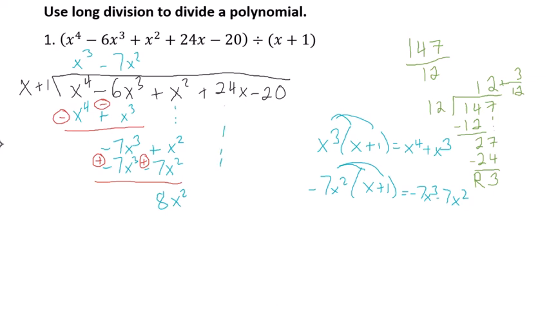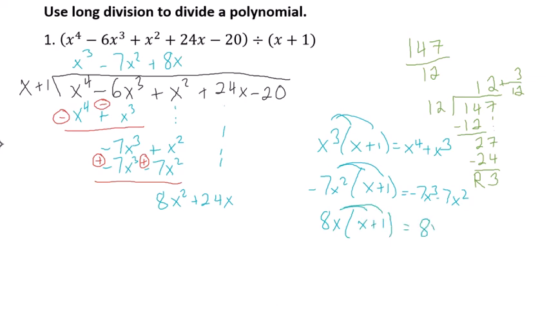Bring down the next term, which is 24x. And what multiplies by x to turn into 8x squared? That would be 8x. Do the work over here if you want. Multiply that out.